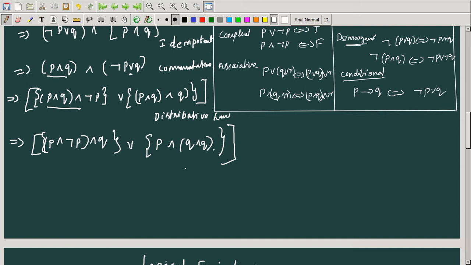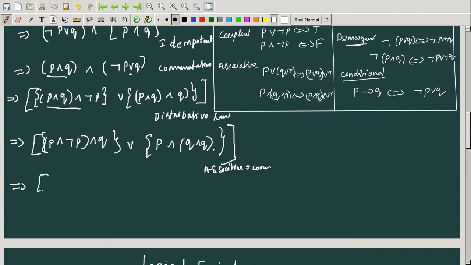Here we applied associative as well as commutative. So you have to mention which law you are applying: associative plus commutative. Then P and negation P. What does that law say? By the complement law, P and negation P is false, right?